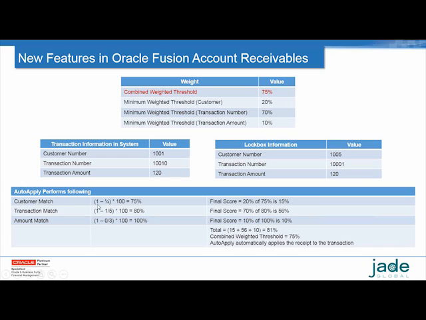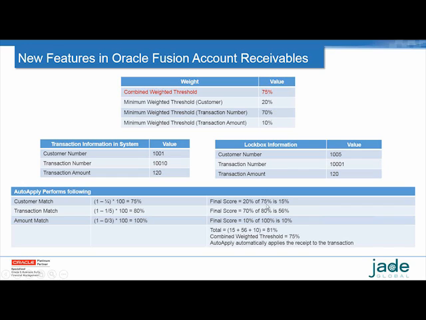For customer match, 1 minus 1 by 4 into 100% is 75. For transaction match, it is 80%, and for amount match, a total of 100%. The final score is calculated based on the threshold values you defined at the top.